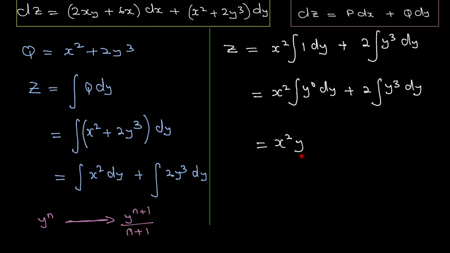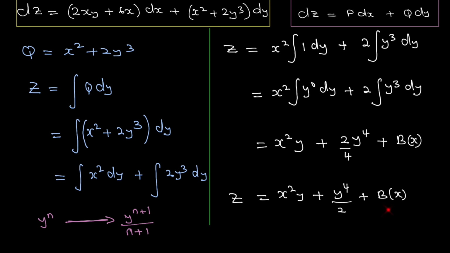And that should be y from that, plus 2y to power 4 over 4, because that's 3 plus 1, that's 4. And there's a 2 here already, plus a constant in terms of x, not y, in terms of x. So that would be b(x). And now this is z in terms of q. z equals x squared y plus y to power 4 over 2 plus b(x), the constant.